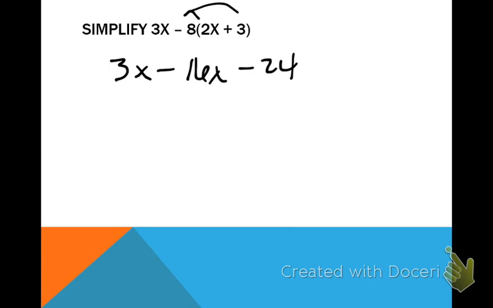And then, yes, I lost my spot. I was at negative 16x, right? Plus 3, right? Negative 24. And then I did 3 minus 16.